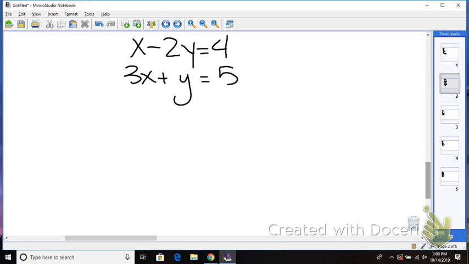When you're done, turn to someone around you and see if you got the same answer as them. I did the y, and then I did make a negative. That's what it was. Okay, I'll do my work up here and then we can compare. No, I got a negative 4.